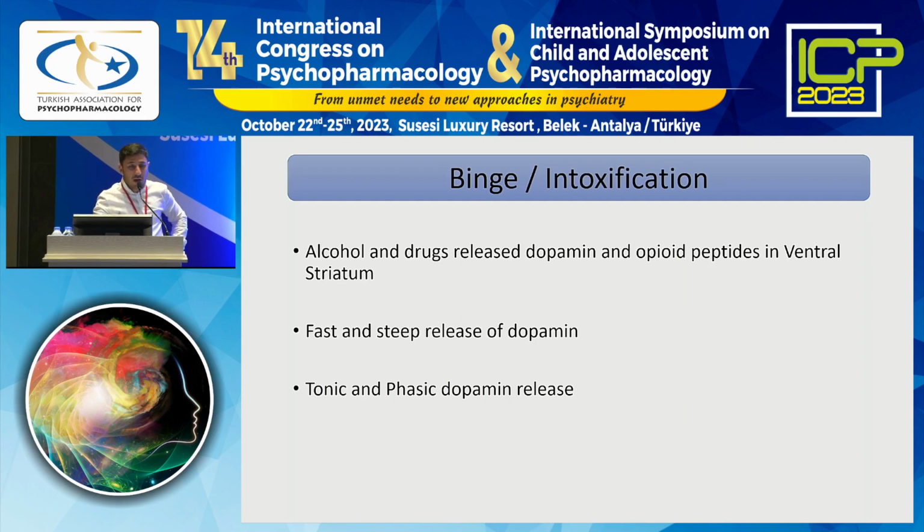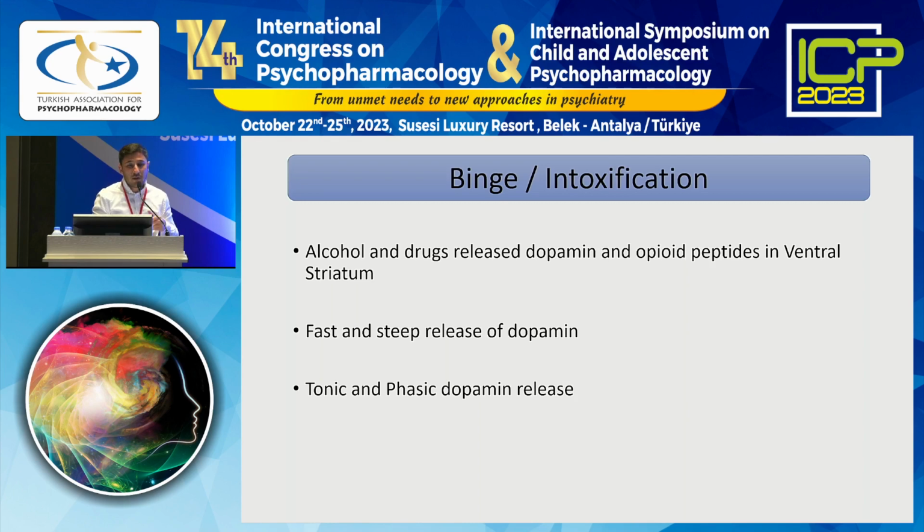These studies indicate that alcohol or other types of substances or drugs release dopamine and opioid peptides in the ventral striatum. Therefore, we are rather speaking about a fast and steep release of dopamine. This actually is a detail that we'll need to consider.